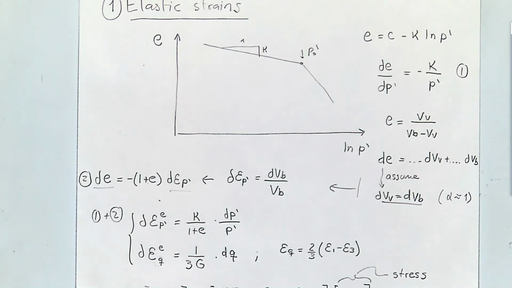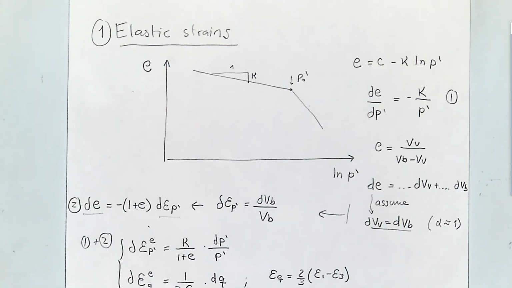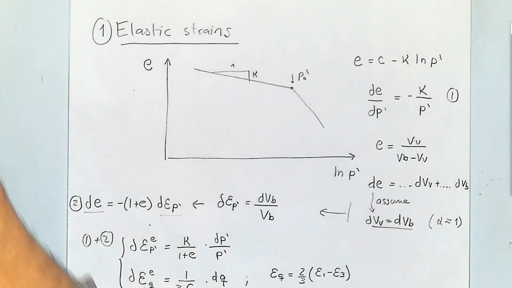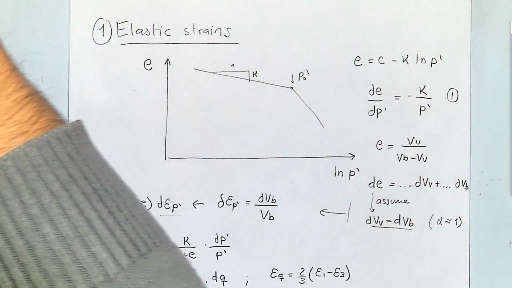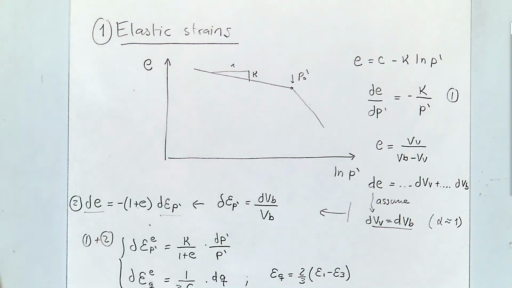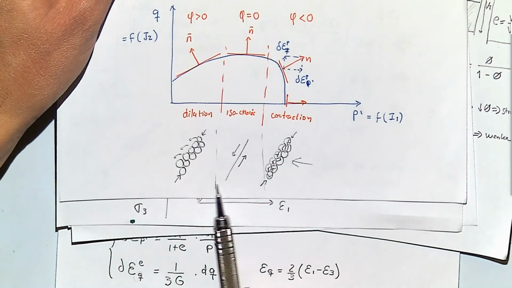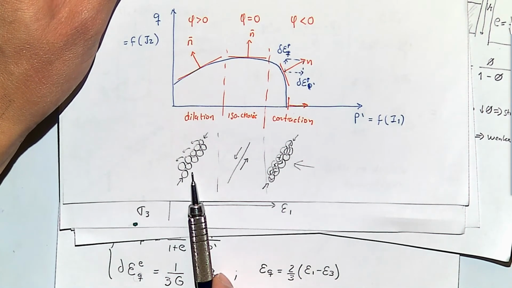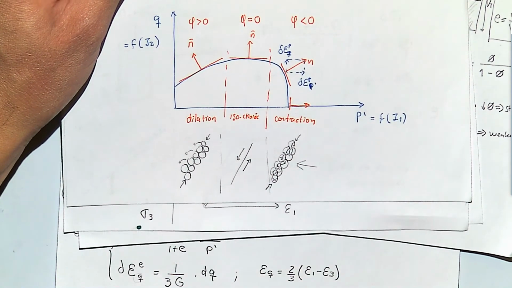Probably what is making this a little bit confusing is that we are still in the elastic part. We are not in the plastic part. The plastic part, where we're going to get now in just a bit, is where you start to have these things, where now deviatoric strains are going to cause volumetric strains. But we didn't get there yet.